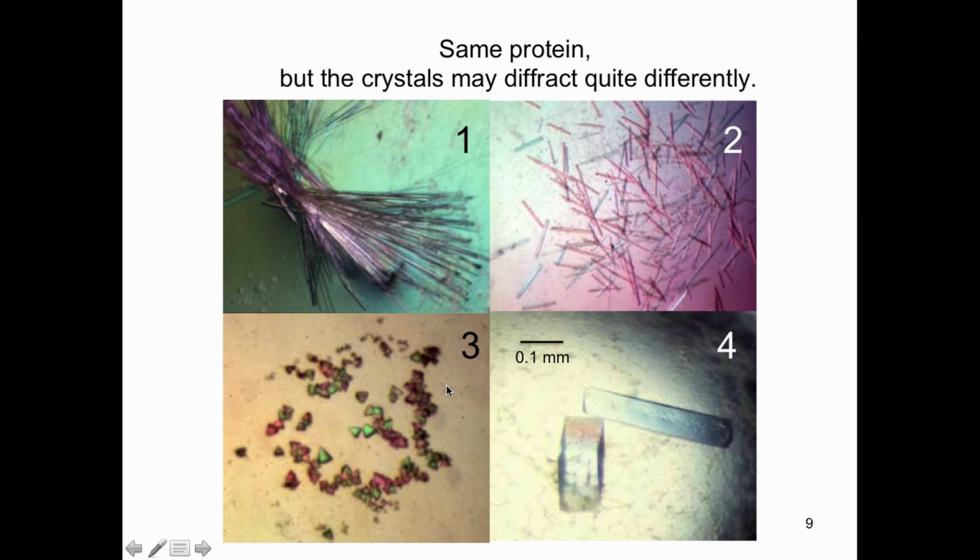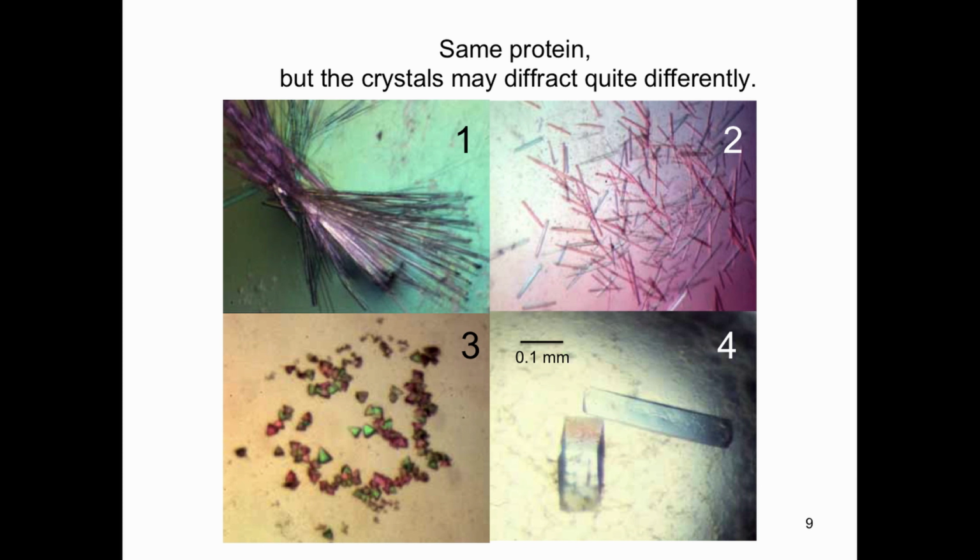So if we look at number 1 here, what's wrong with these crystals? In fact, these are stacks of crystals piled on top of each other, and we can't really use them in the X-ray beam. It has to be a single crystal in the X-ray beam, and it would be very difficult to separate these. So that's why in picture 2 here, this actually represents an improvement.